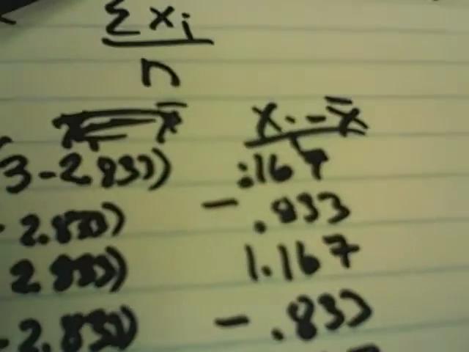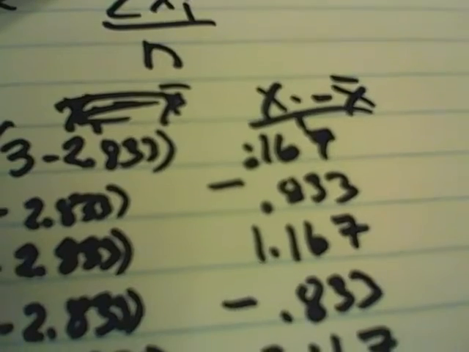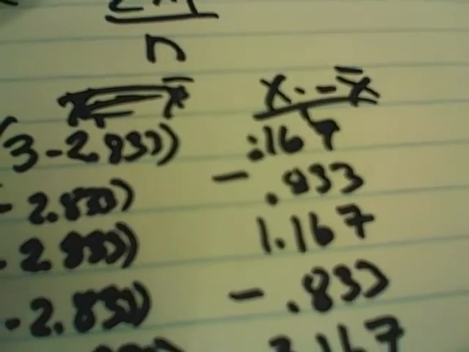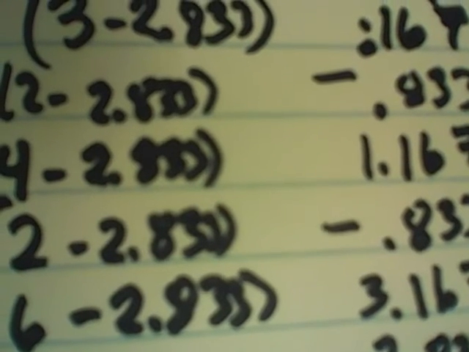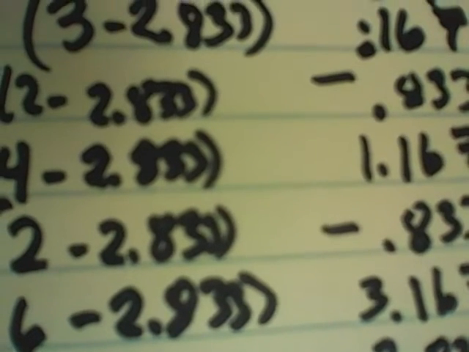So I got 0.167 positive, and the next one's a negative, so I'm going to subtract 0.833. The next number is a positive, so I'm going to add 1.167.